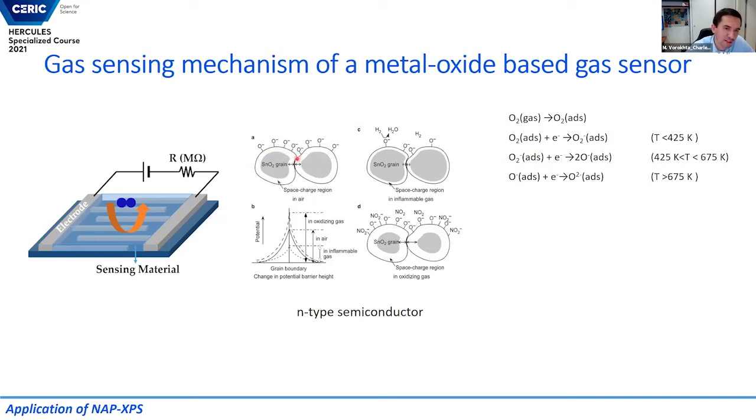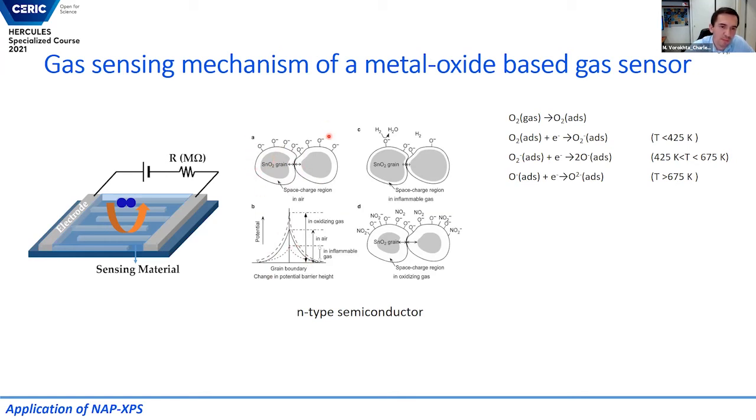This is important because it creates at the surface some regions which contain fewer electrons, because SnO2 is a semiconductor which is n-type. So the charge carriers inside are electrons, and as soon as you remove some electrons from the surface, it works like a barrier for other electrons.